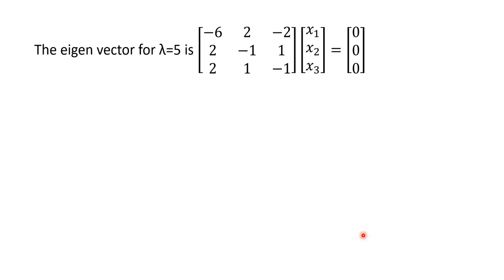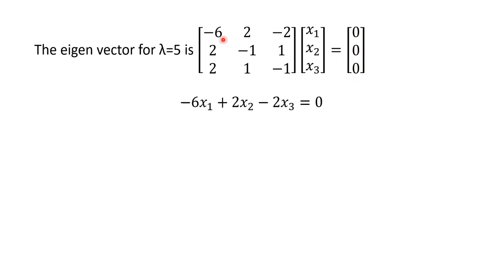Now we find the eigenvector for the next eigenvalue, lambda equal to 5. Similarly, we substitute lambda equal to 5 in the characteristic matrix A minus lambda I. We have minus 6, 2, minus 2, 2, minus 1, 1, 2, 1, minus 1 into x1, x2, x3 equal to 0, 0, 0.